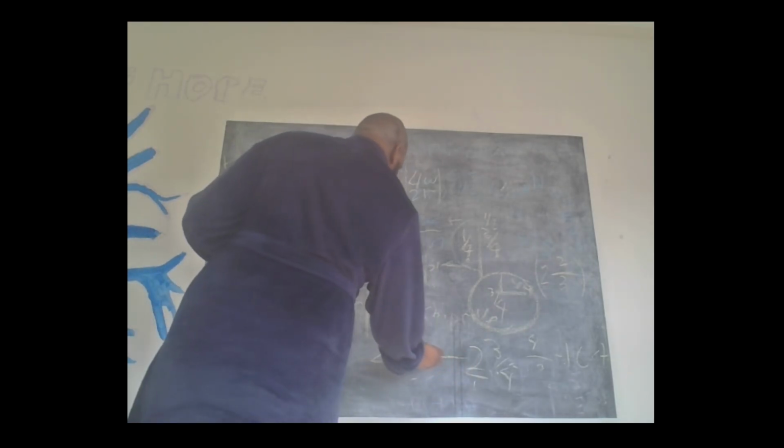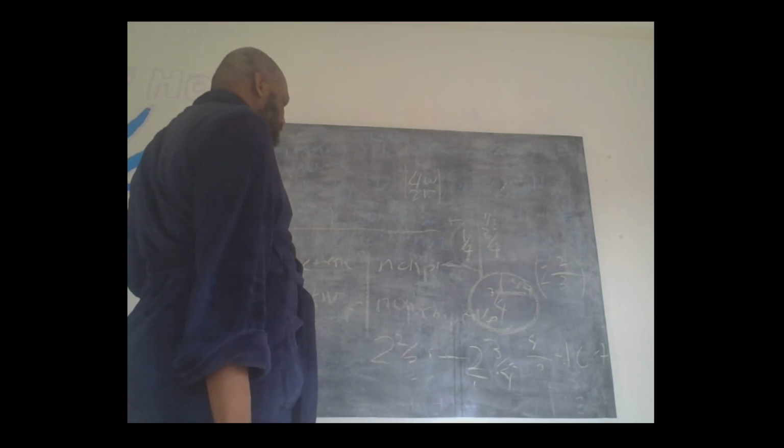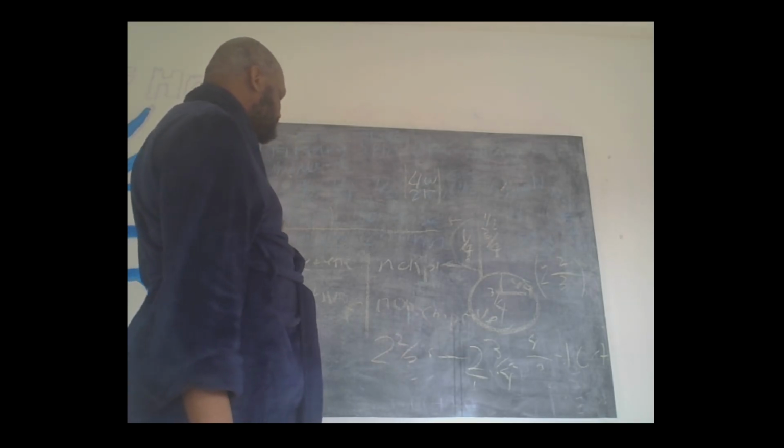Write 3 quarters, 2 and 2/3, into a quantum system.